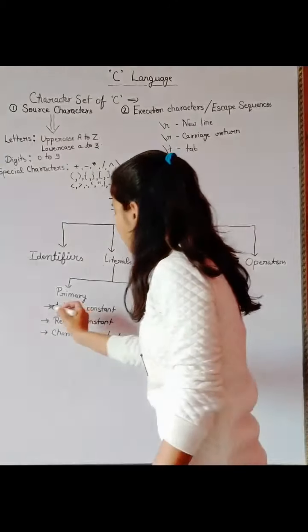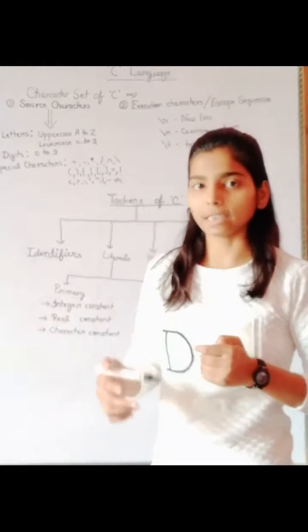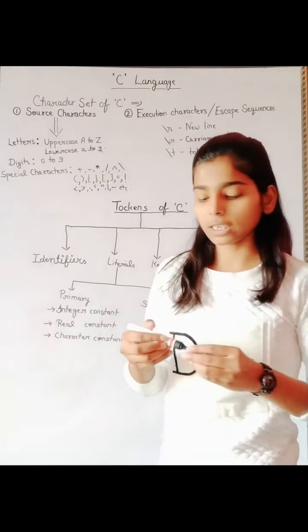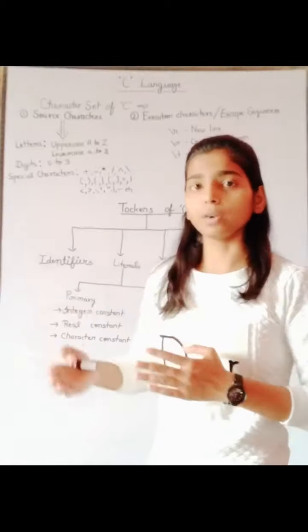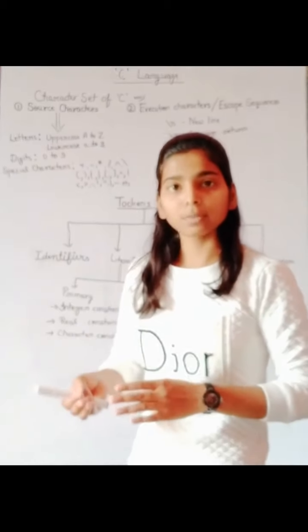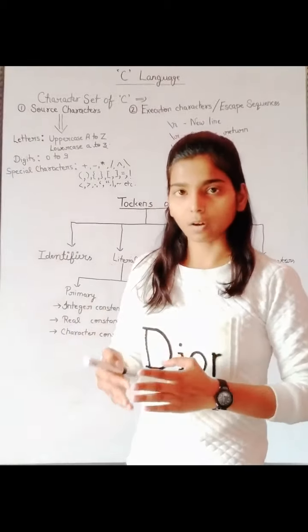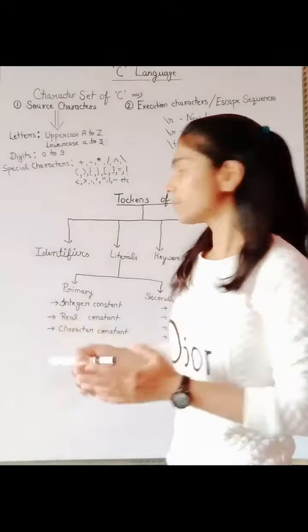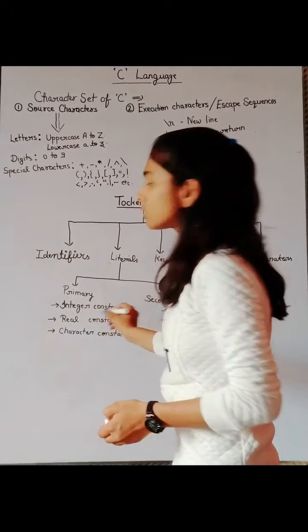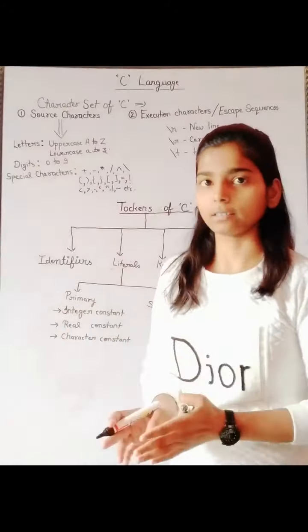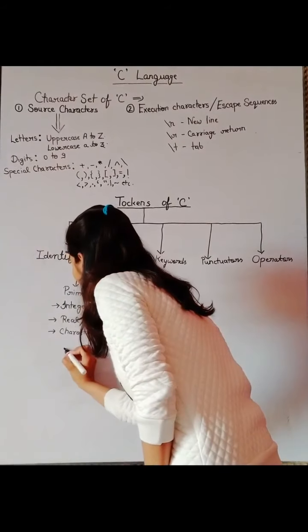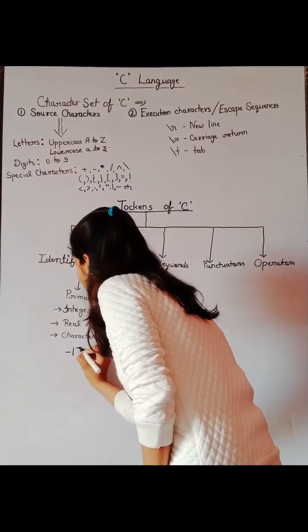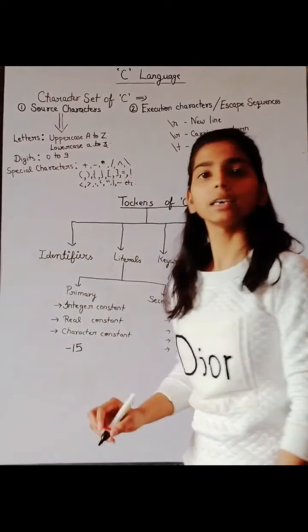In integer constant, as you have studied in maths, what is an integer? Integers are the numbers including counting numbers, 0 and the negatives of counting numbers. In the same way, here the integer constants include all the integers, such as I am writing here minus 15. This is an integer constant.